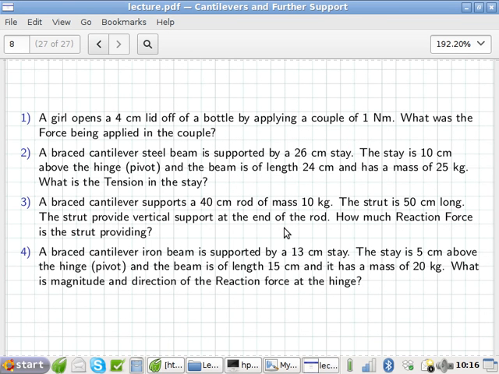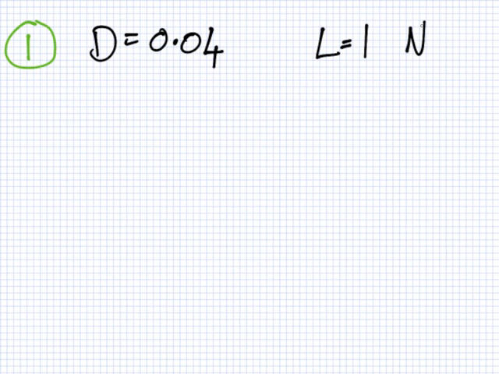All right. A girl opens a 4 centimeter lid off a bottle by applying a couple of 1 Newton meter. What was the force? Okay, so the formula here. D equals 0.04 and the couple is 1 Newton meter.